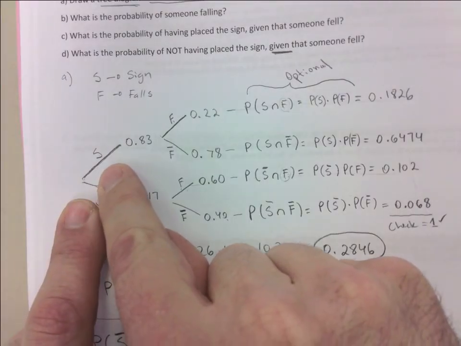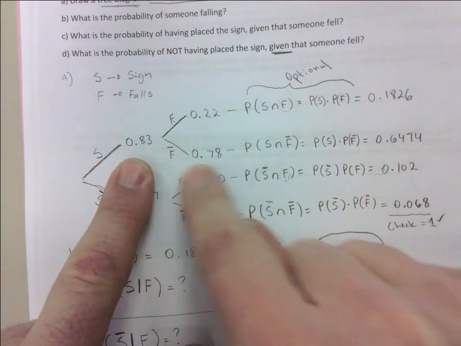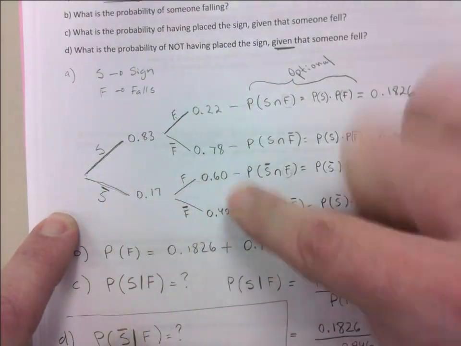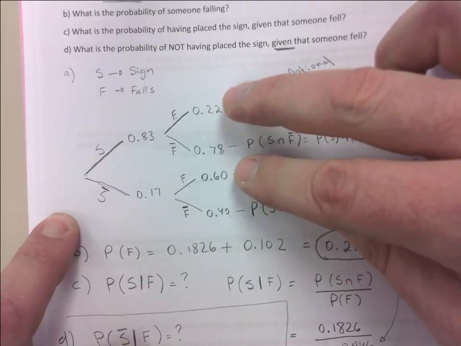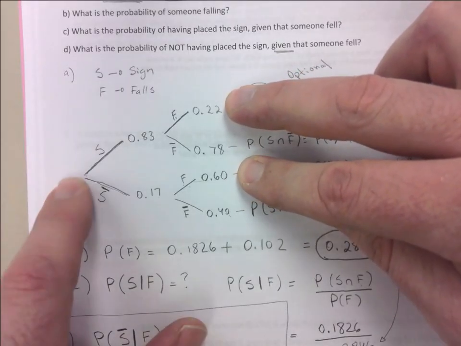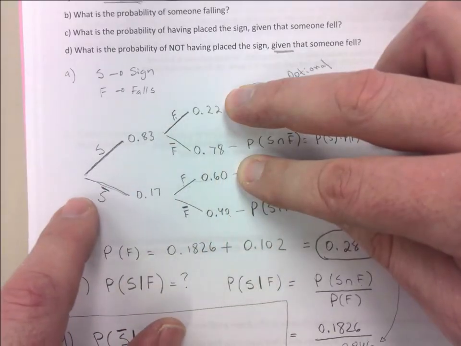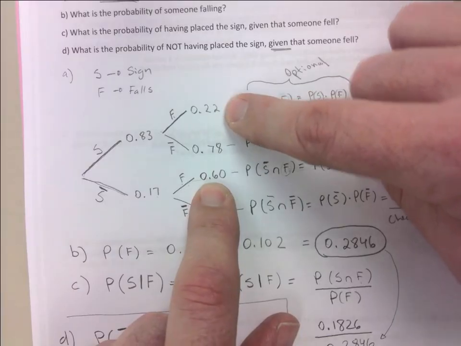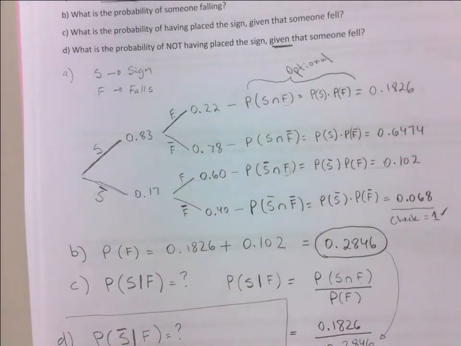If the sign is up, is falling and not falling different than if the sign is not up? You can tell they're different, right? Falling is lower here than it is over here. That simple fact that falling, not falling is different, whether you go up one branch or the other, tells us that these events are dependent.